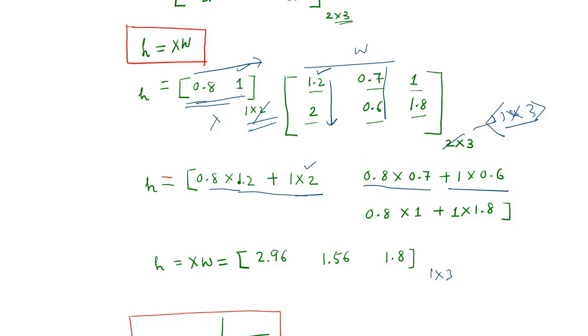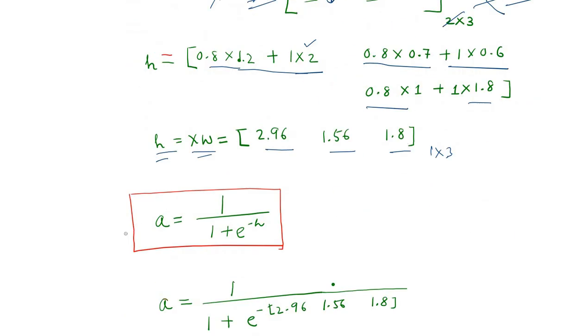Similarly for the third column, 0.8, and 1 into 1.8. So what is the final value of h? It will be x into w, which is nothing but 2.96, 1.56, 1.8.